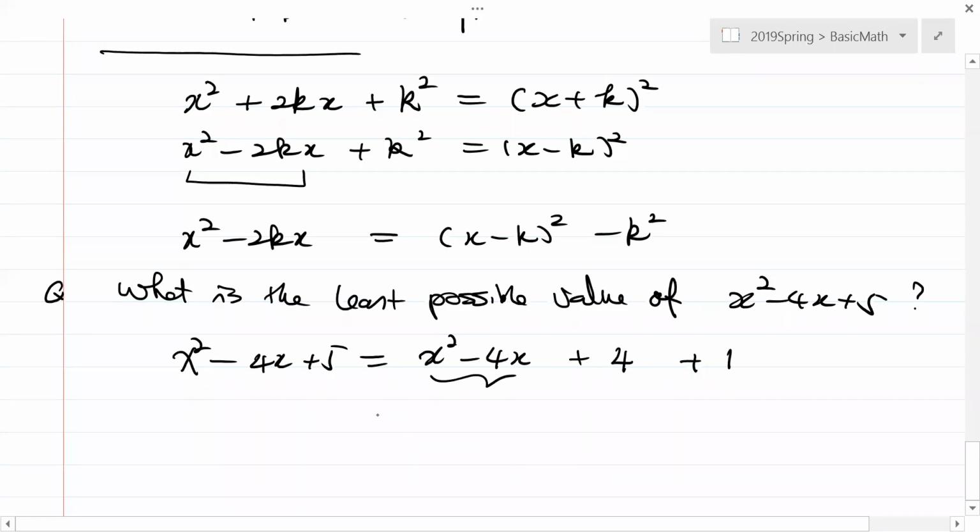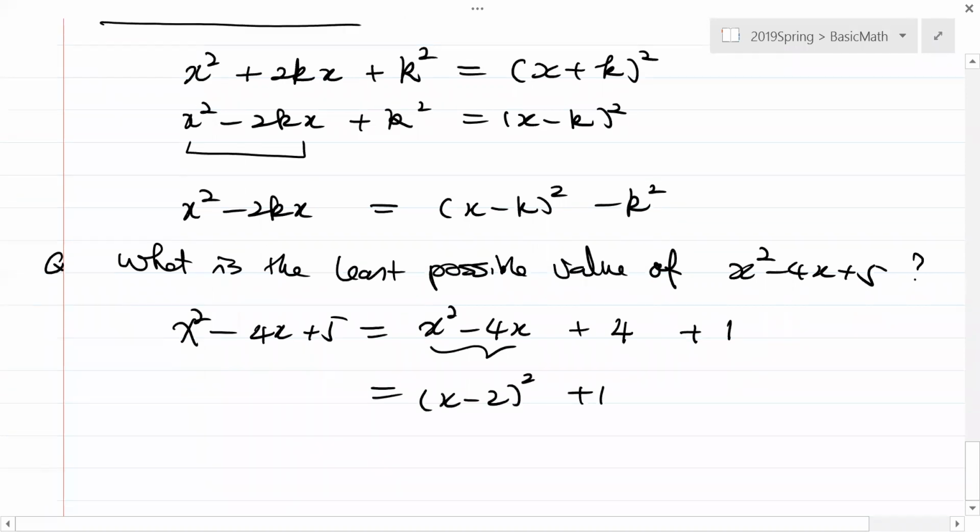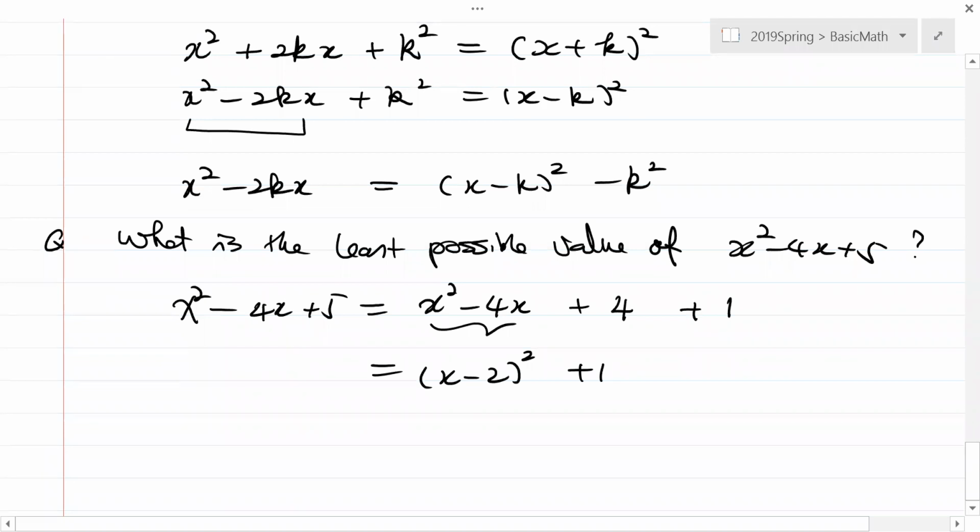So those three terms give you x minus 2 squared plus 1. If you are able to express this in this form, then clearly this is never negative. This is always greater than or equal to 0. So the answer here is 0 plus 1, which is 1. So 1 is the smallest possible value.